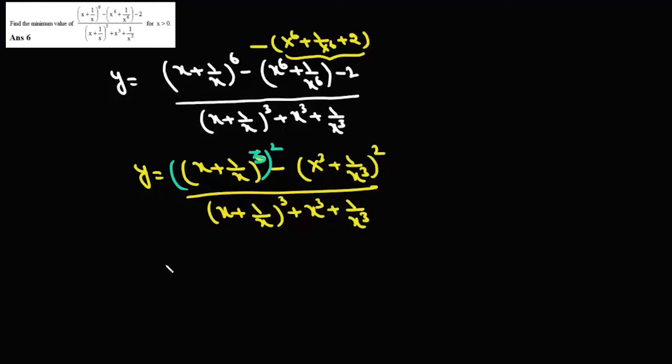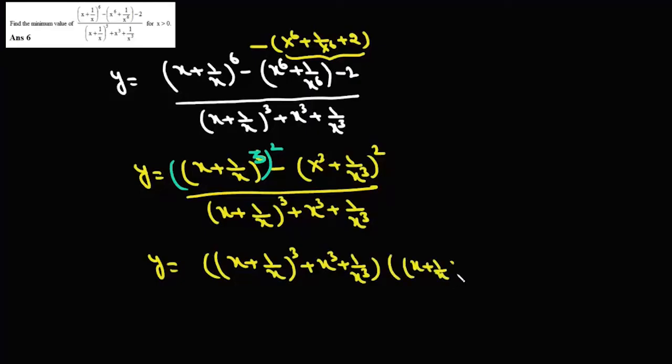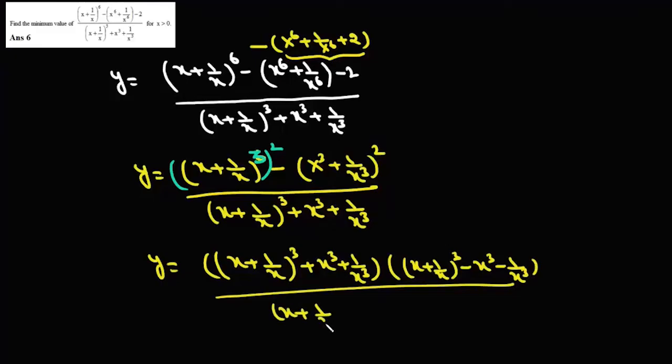So using the formula, we can write this as y equals a plus b, that is (x plus 1 upon x) whole cube plus (x cube plus 1 upon x cube), into a minus b, that is (x plus 1 upon x) whole cube minus (x cube minus 1 upon x cube), whole divided by (x plus 1 upon x) whole cube plus (x cube plus 1 upon x cube). Now this expression gets cancelled.